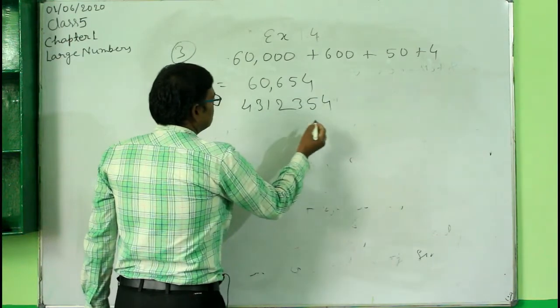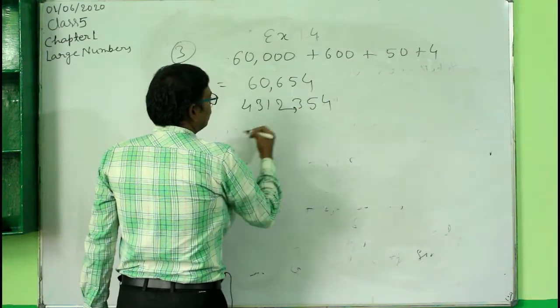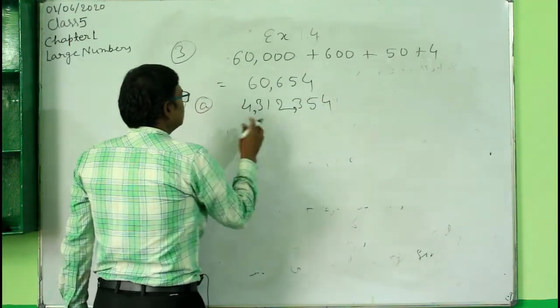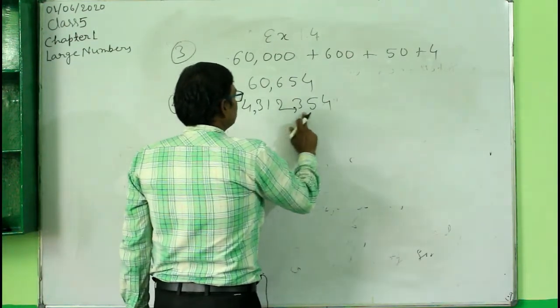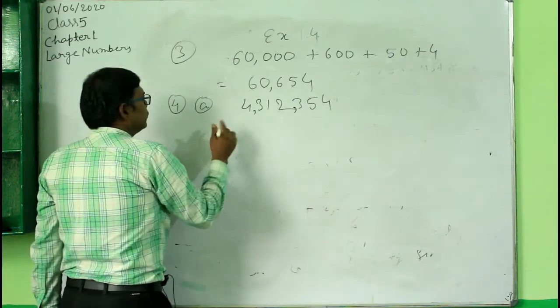So first put the periods here. One period is here and the other is here. So it will be 4,312,754. How will you expand this?